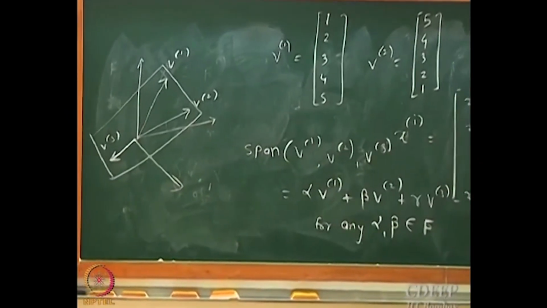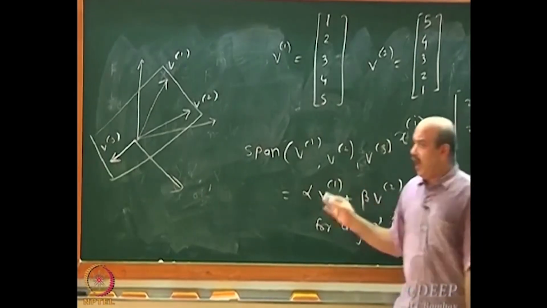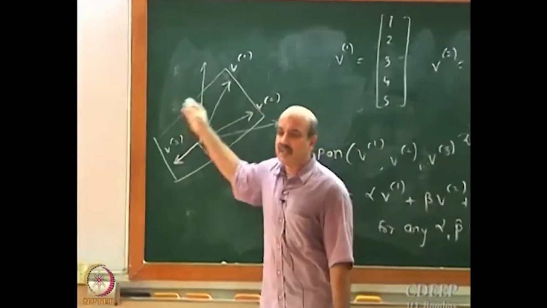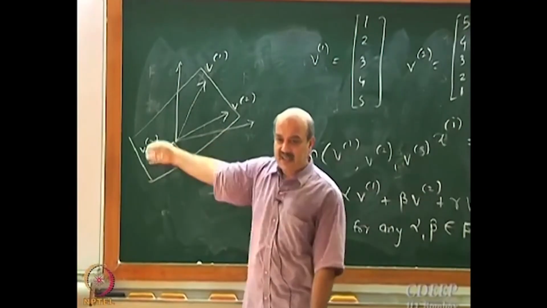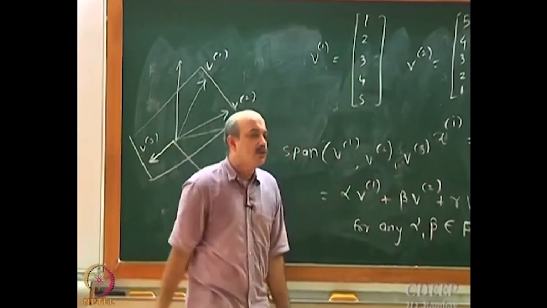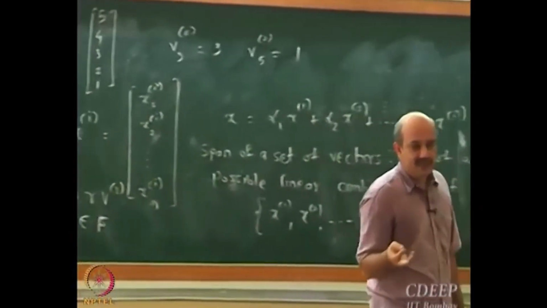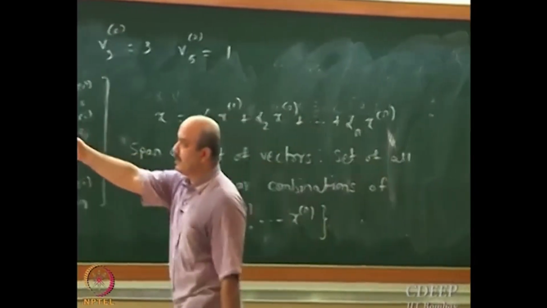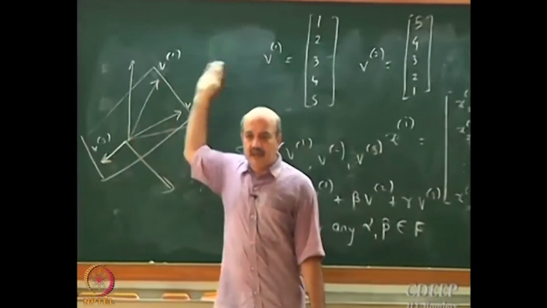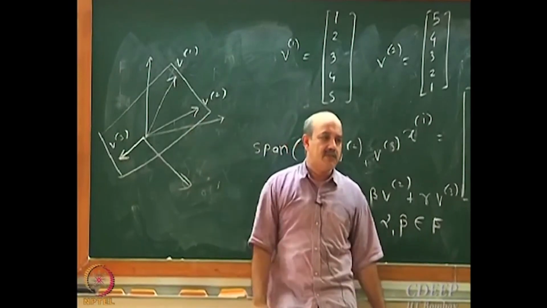So if I have some more vectors belonging to the same subspace, and if I take all possible linear combinations, I am not going to get a different set. I'll get the same set, which is this plane. I cannot leave this plane. If I take a linear combination of any vectors in this plane, I cannot leave this plane.